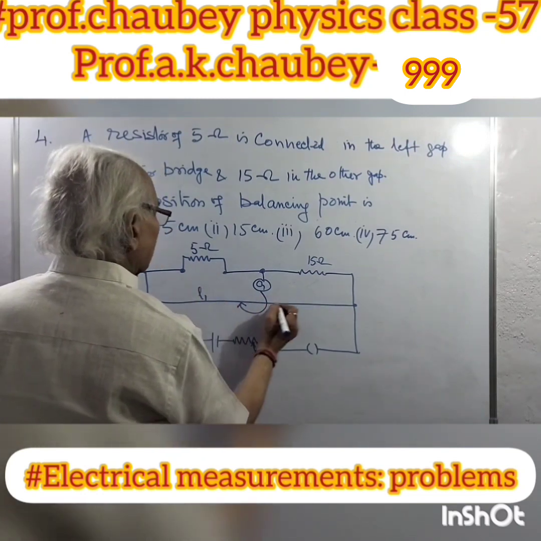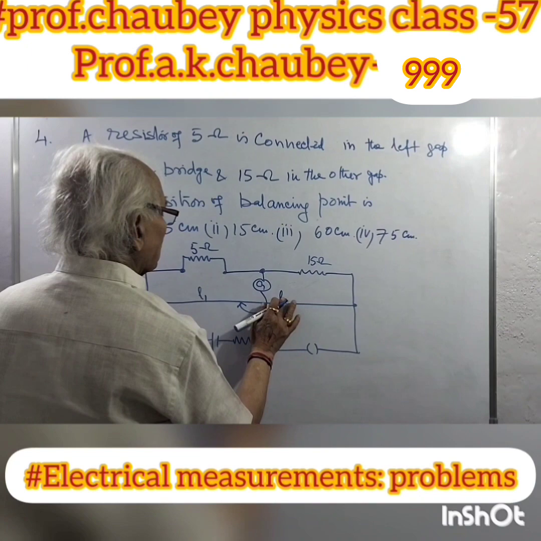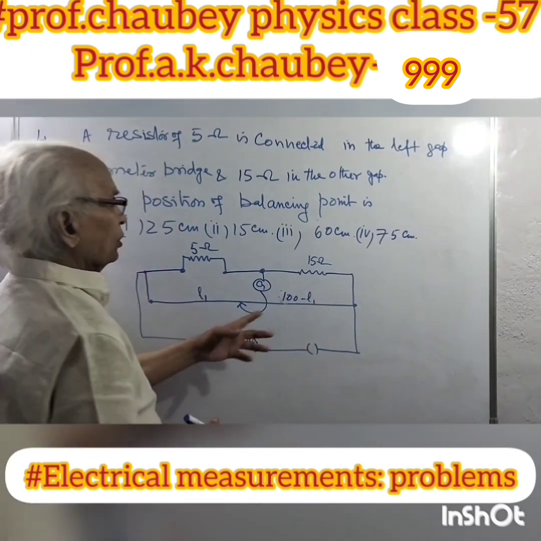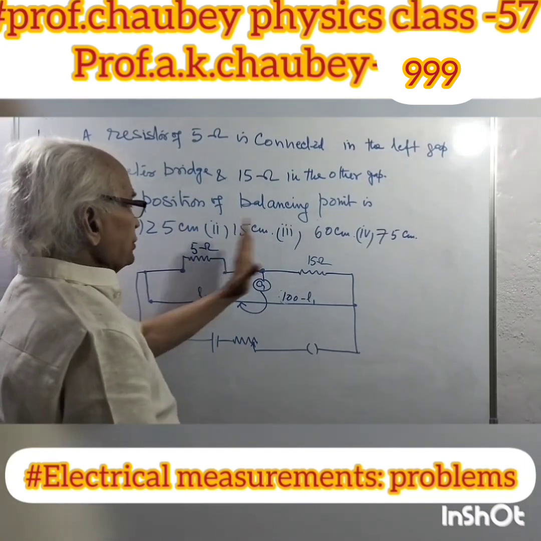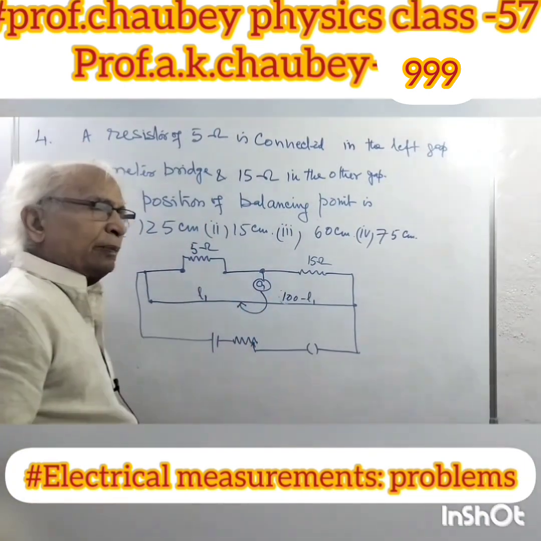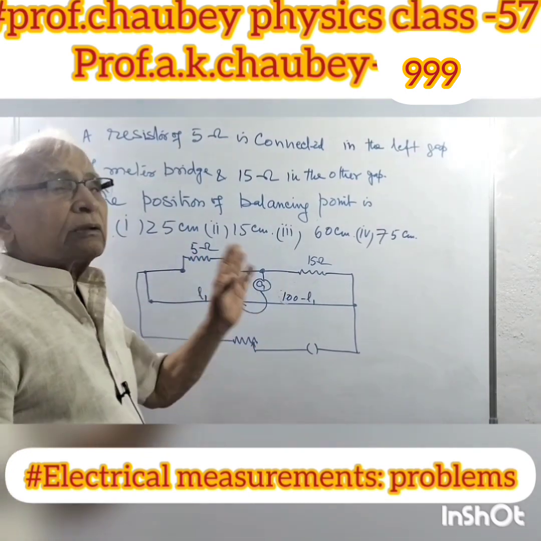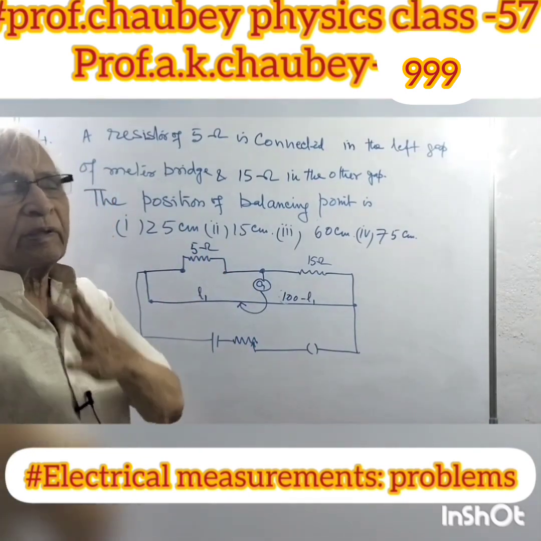This is L1 and this is L2, or simply 100 minus L1. When this is balanced, for resistances we have P over Q equals R over S. That is the Wheatstone bridge principle.